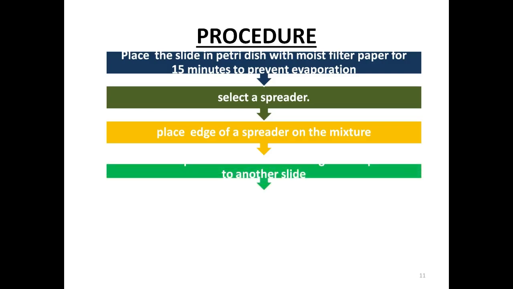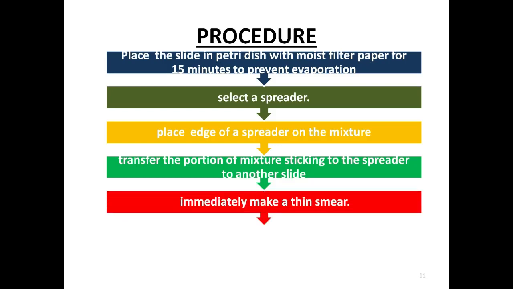As soon as you dip, you take it out. Once the edge gets coated with that blood and stain, you take it out and place it on another clean glass slide and make a smear. So transfer the portion of the mixture which is sticking to the spreader slide to the other glass slide.